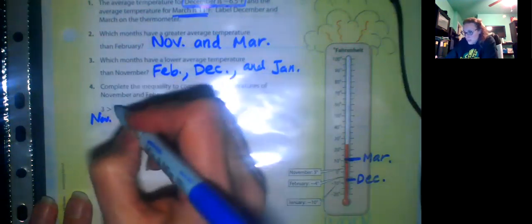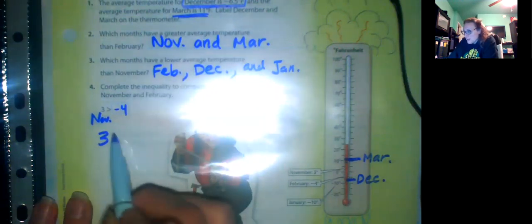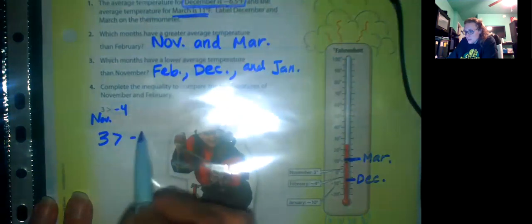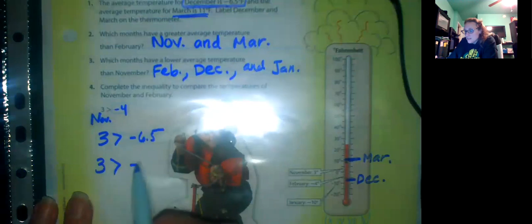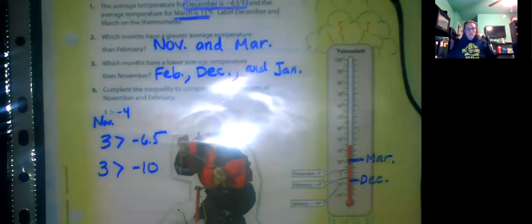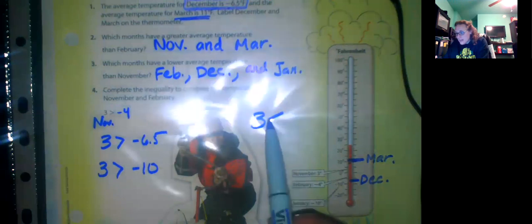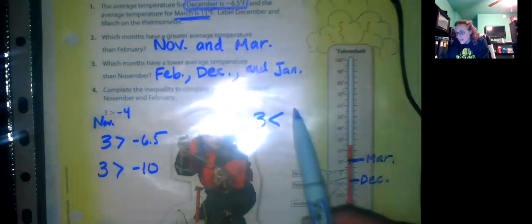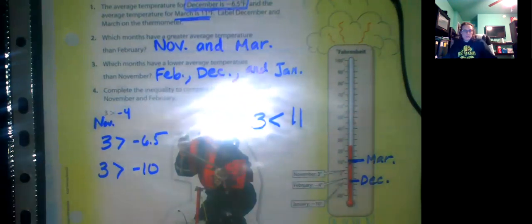It could be negative 4. We could also write it as negative 6.5, or negative 10. 3 is greater than any of those, okay? The only one that doesn't work is that 3 is less than March at 11. So that's the only different one.